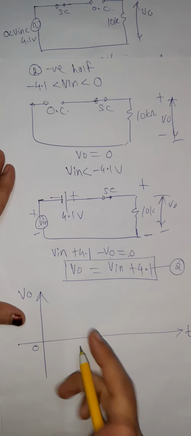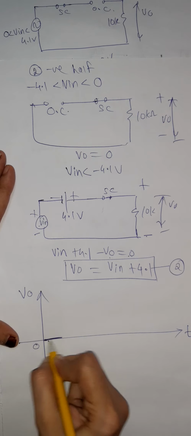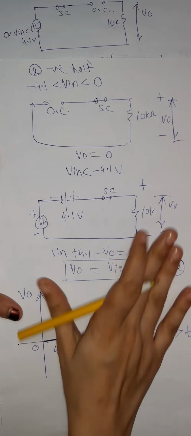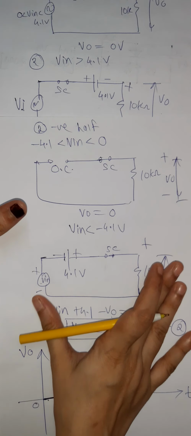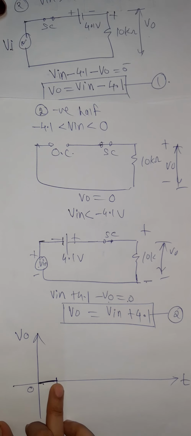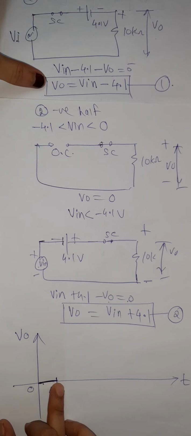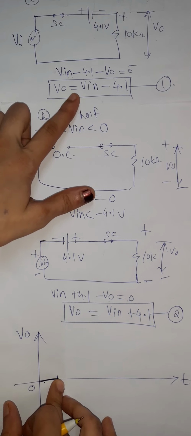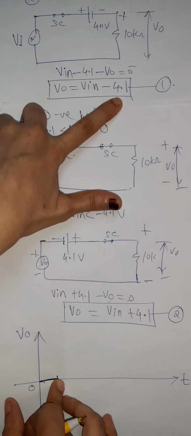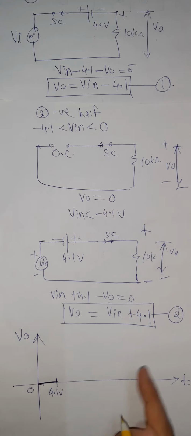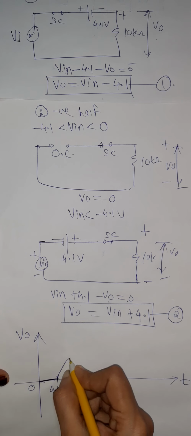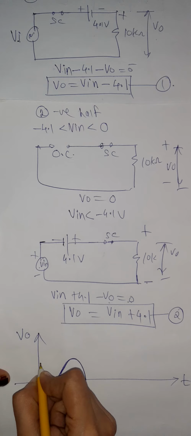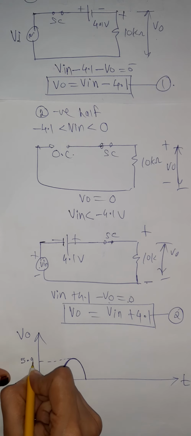So this is 0 up to 4.1 volt. Now if V in is greater than 4.1 volt, I will take V in equal to 10 volt because we are analyzing the positive cycle. 10 minus 4.1 is 5.9. So our waveform will be like this, and this value is 5.9 volts.